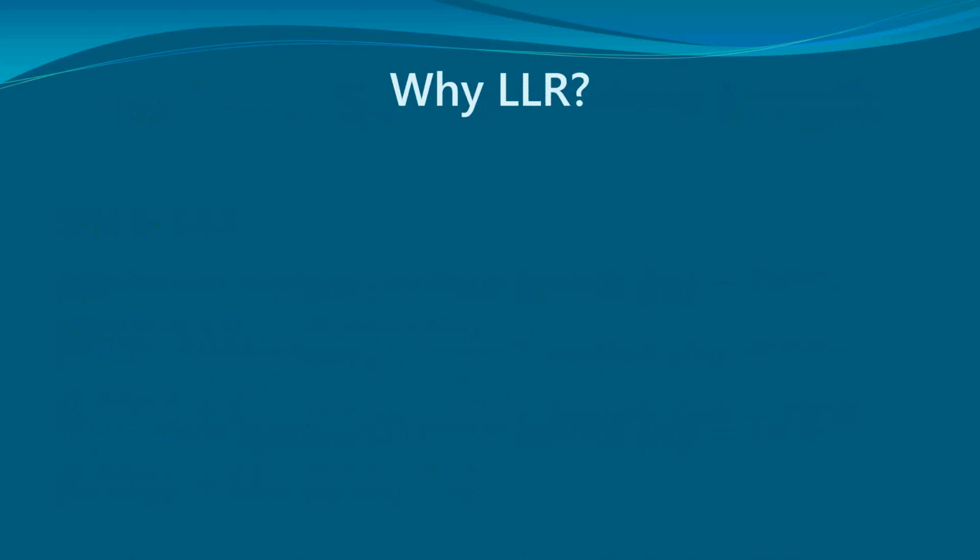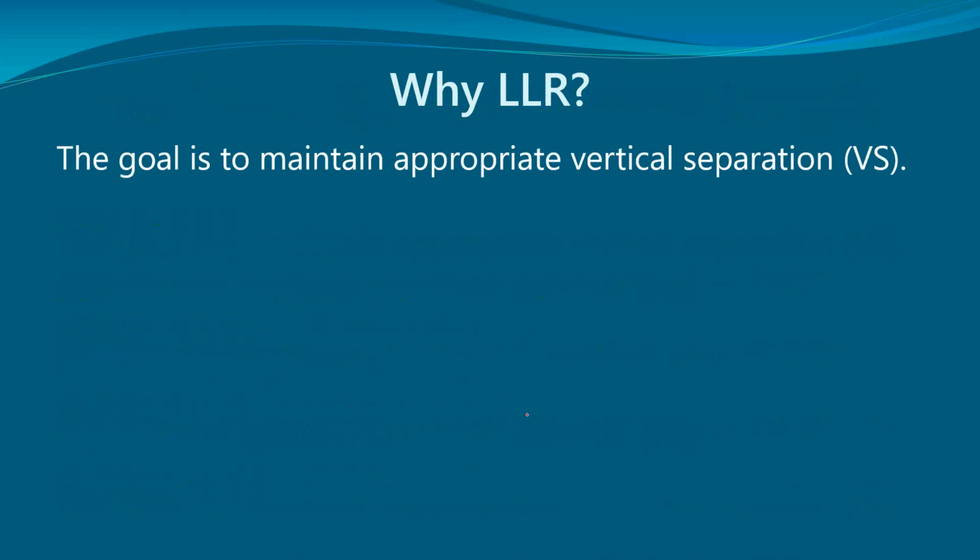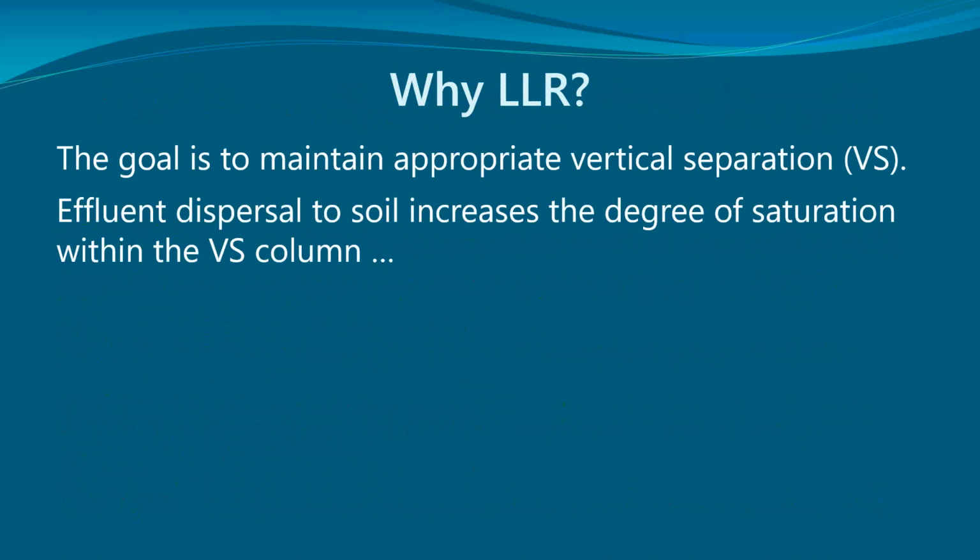And here's my attempt to answer that. The goal of making sure our systems are long enough is to maintain appropriate vertical separation, to maintain adequate depth of unsaturated permeable soil in operation. So the effluent dispersal to soil increases the degree of saturation within the VS column, obviously. Right?